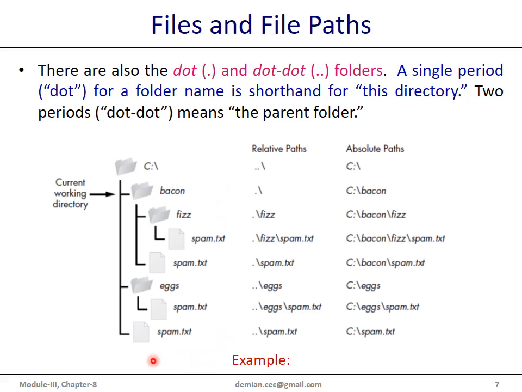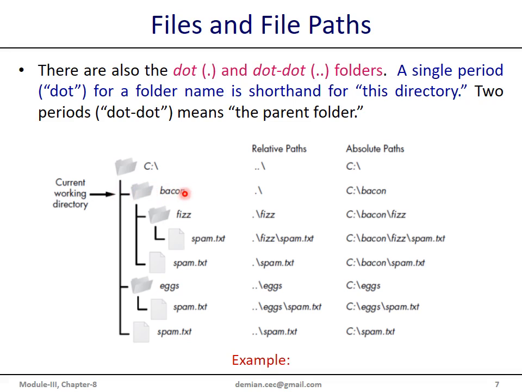Let's take up this directory structure. This is a root folder, then we have a first level folder BACON, and FIZZ is a second level folder, and we have files this way, and assume that BACON is the current working directory.